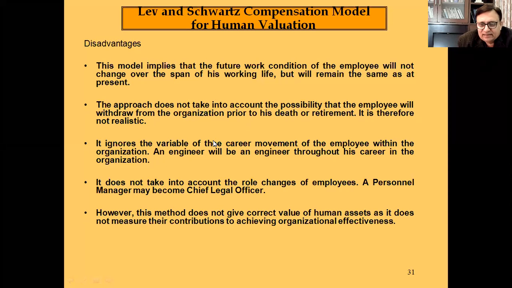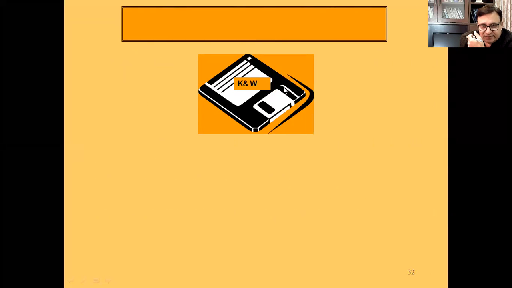However, this method does not give the correct value of the human assets, as it does not measure the contribution to achieving organizational values, because it takes into account the future earnings of the groups from the organization, and on the basis of that we find out the value of the human resources. Therefore, this method as per present conditions is not very realistic, or does not fulfill all these conditions.